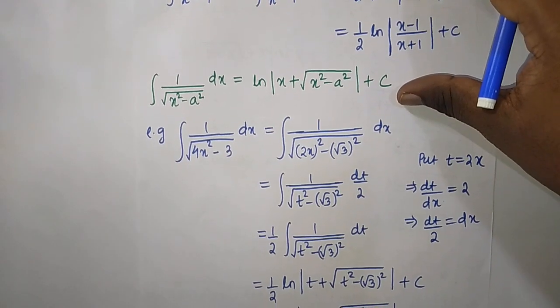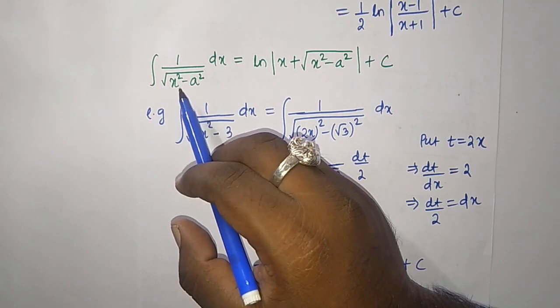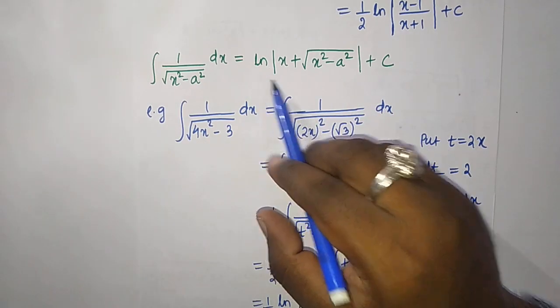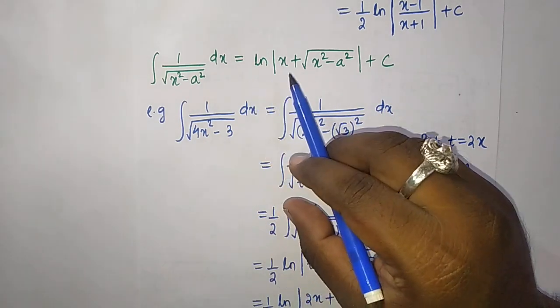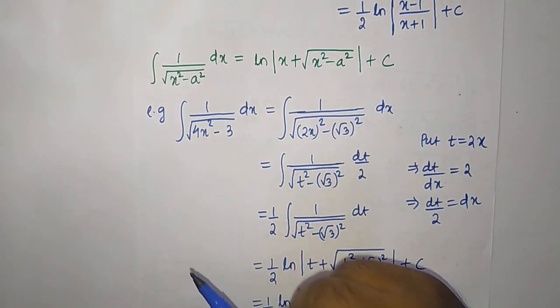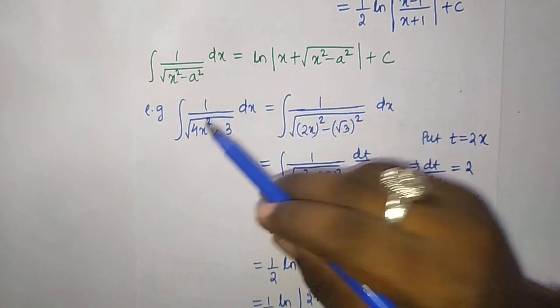Here is another form, integration of 1 by root over of x square minus a square. The formula for this form is ln modulus of x plus root over of x square minus a square plus c. Here is one example relating to this general form.